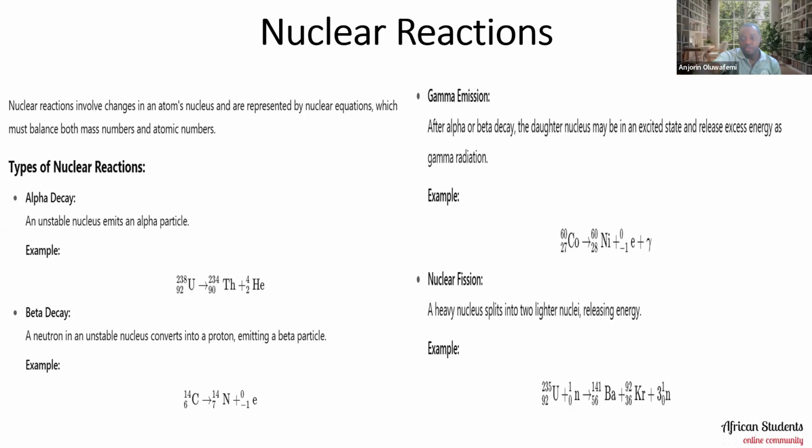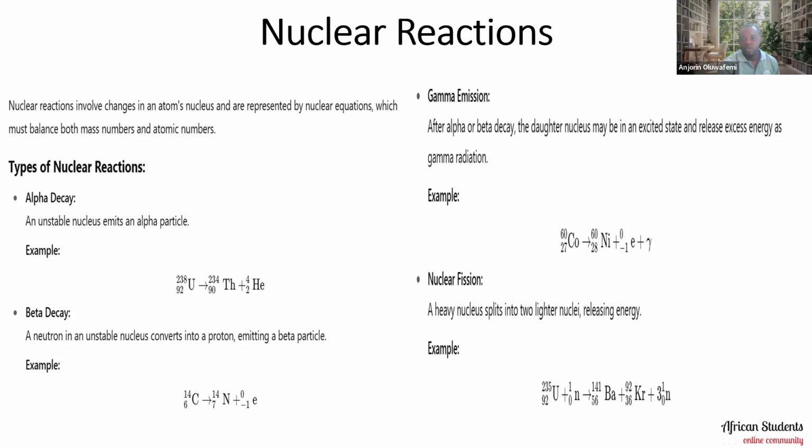It goes through nuclear fission by taking on neutrons, and when it does that, it breaks into barium and krypton. Barium-141 with atomic number 56, and krypton-92 with atomic number 36. Then three neutrons are also given off in the process.